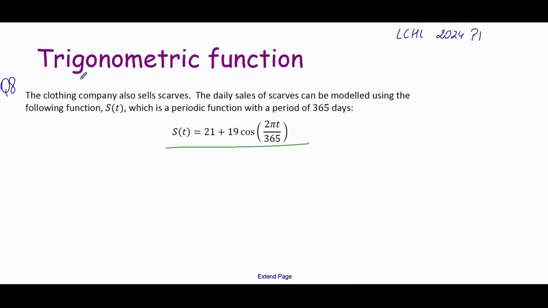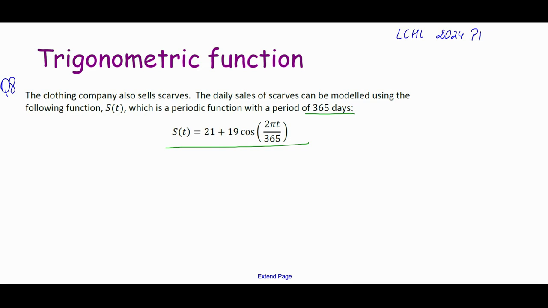So in this part of the question, this clothing company sells scarves, and the daily sales of scarves can be modeled using the following function S(n), over the period of 1 year.